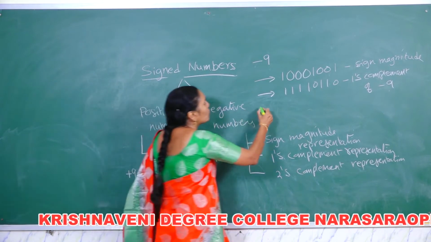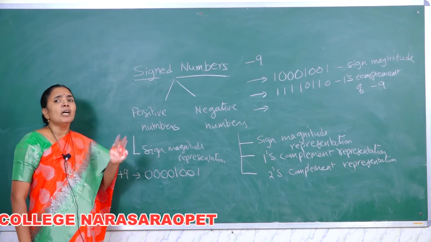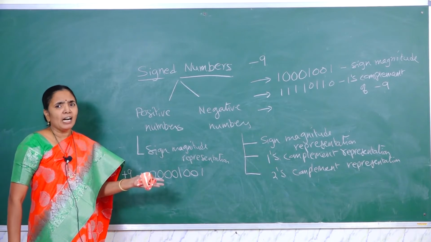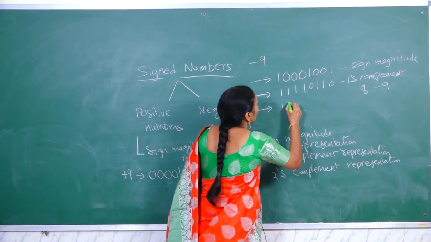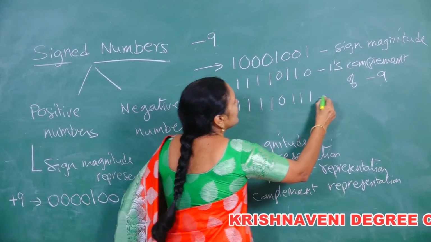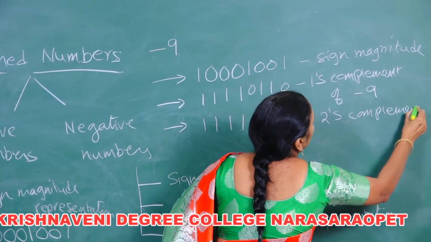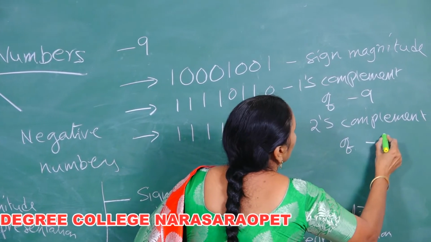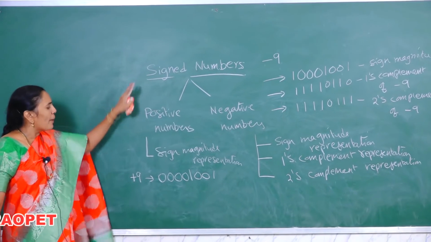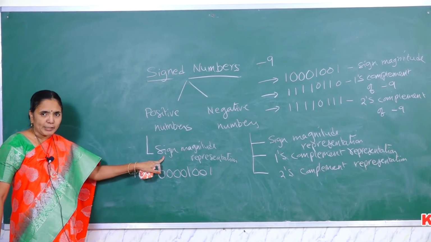Now I have to get the 2's complement representation. How are you going to get the 2's complement representation? When I add 1 to the ones complement representation, then I will get the answer. That is 1 1 1 1 0 1 1 1. This is the 2's complement of minus 9. So here for a positive number, there will be only one representation, that is nothing but your sign magnitude representation.